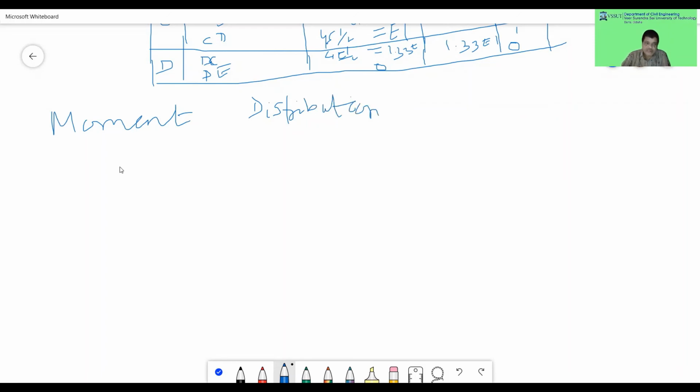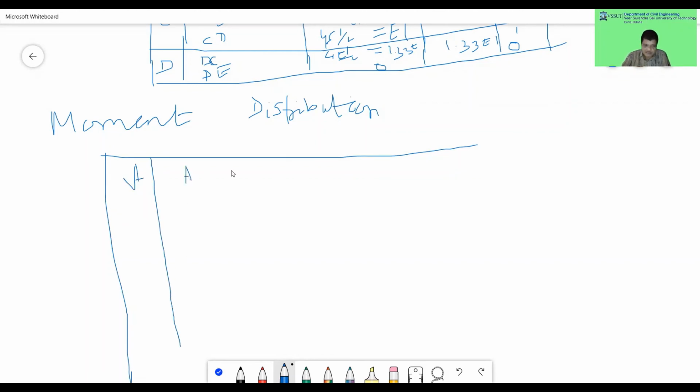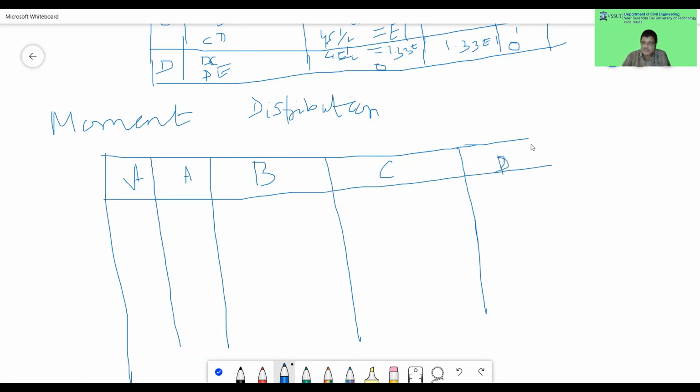So you have the joints as you have written: joint A, then joint B, then joint C, then joint D. In the joints, you have the members: AB, BA, BC, CB, CD, DC, DE.